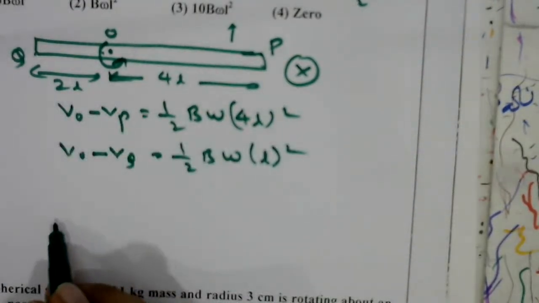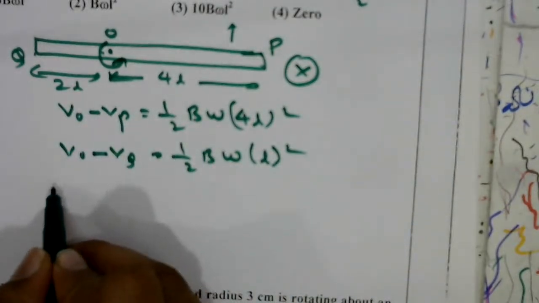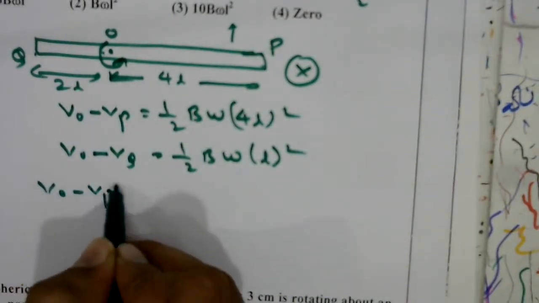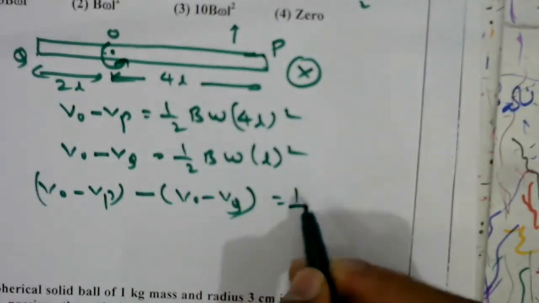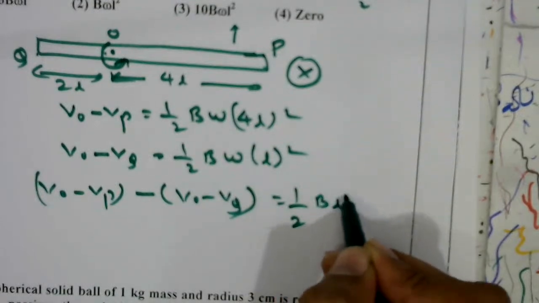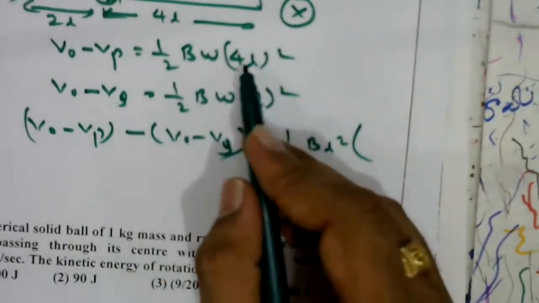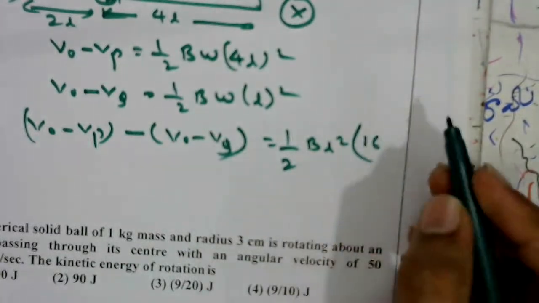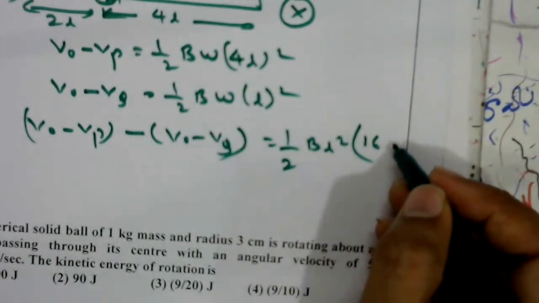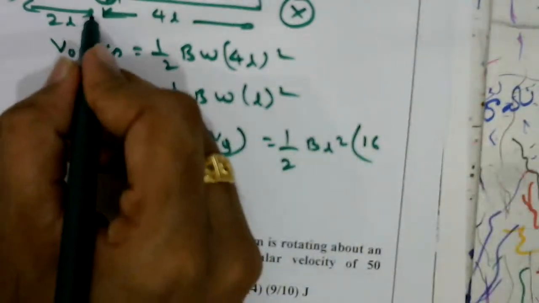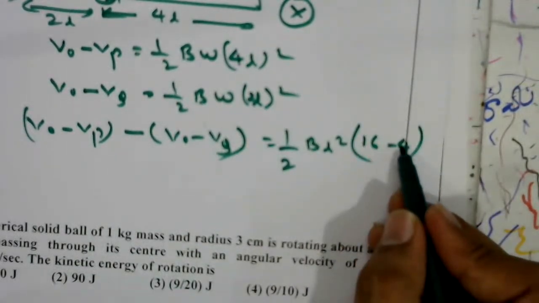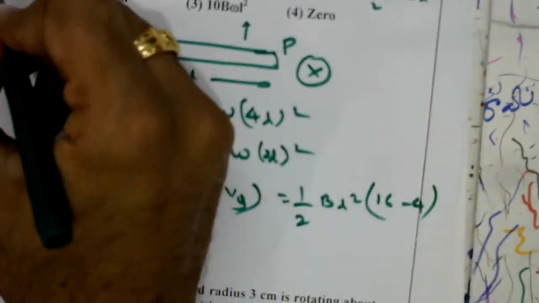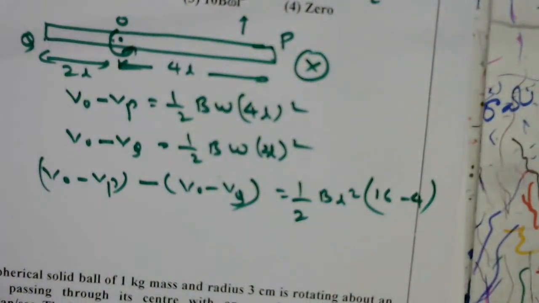Now when you subtract these two, V0 minus VP minus V0 minus VQ, the 1 upon 2 B omega L square is common. 4 squared is 16; from here to here it is 12, and 2 into 2 is 4. 16 minus 4 is 12, 12 by 2 is 6. So it is 6B omega L square.